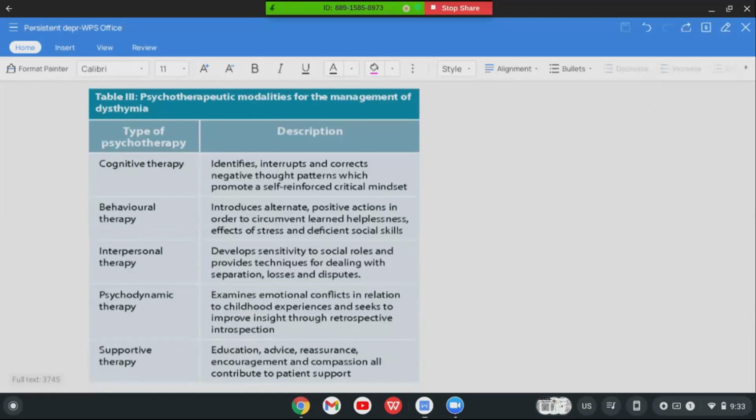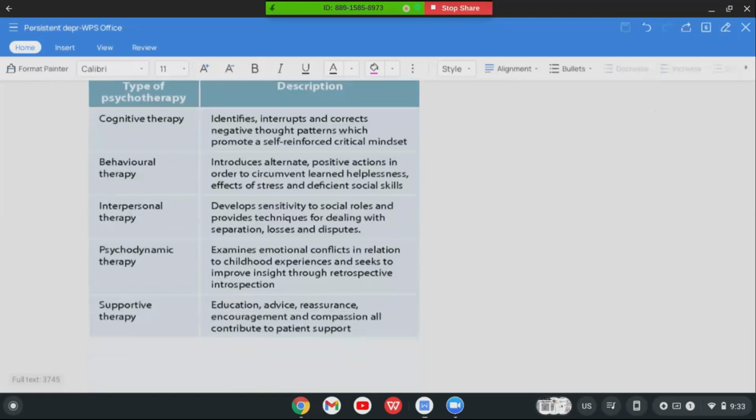Talking about psychotherapy, one type is cognitive therapy, where we identify, interrupt and correct the negative thoughts of the person. Behavioral therapy introduces positive actions that circumvent learned helplessness and decrease the effect of stress. Interpersonal therapy develops sensitivity to social rules.